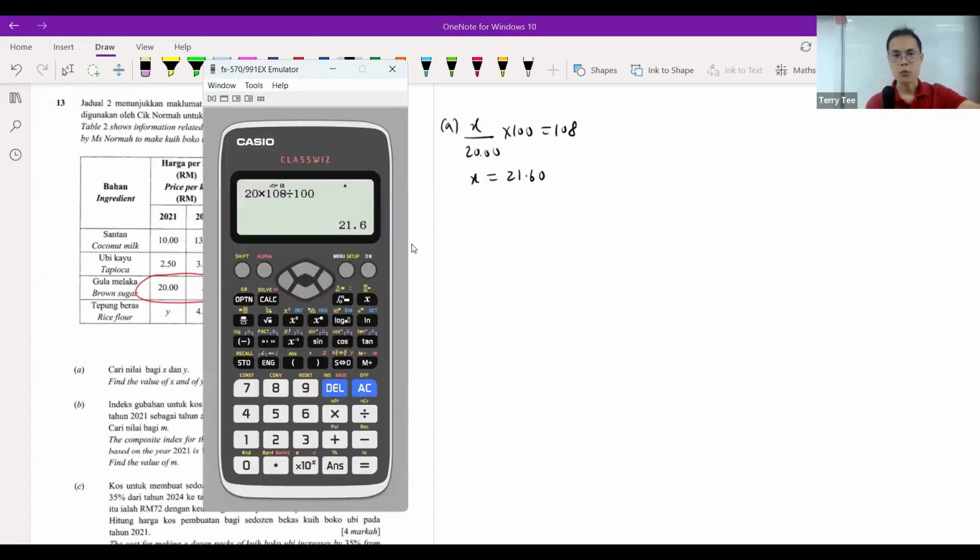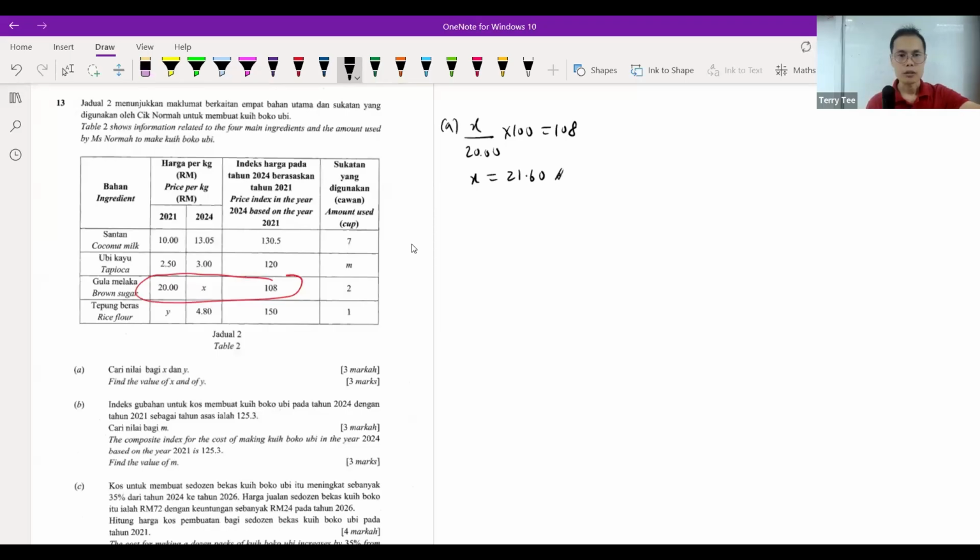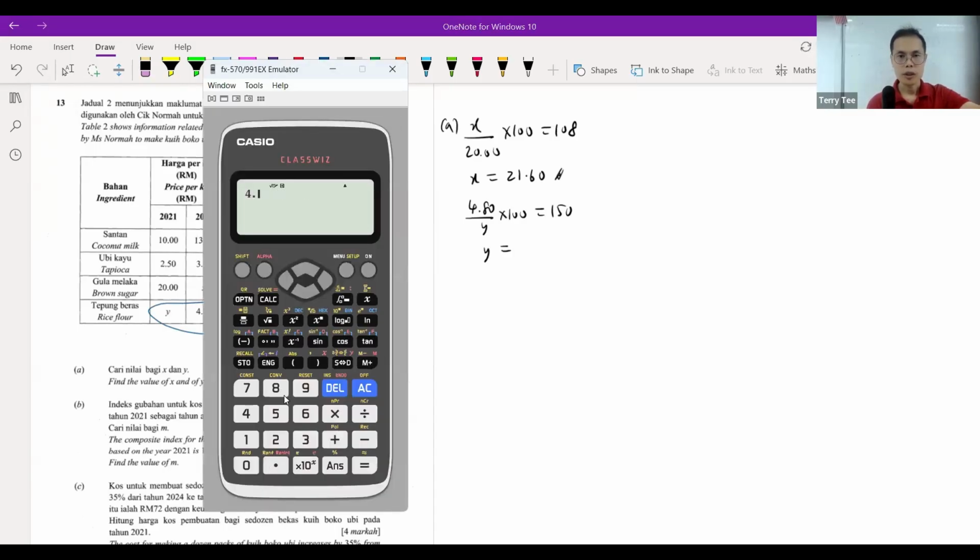Okay, now next for Y, we focus on this one. Y is the price in the current year, in the base year. Current year is 480 divided by Y times 100, you get 150. To find Y, we take 4.8 times 100, bring the Y up, bring the 150 down.